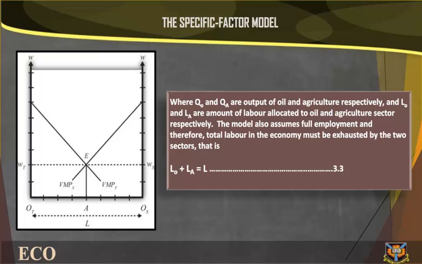The model also assumes full employment, and therefore total labor in the economy must be exhausted by the two sectors, that is, L_O plus L_A is equal to L. Question 3.3.